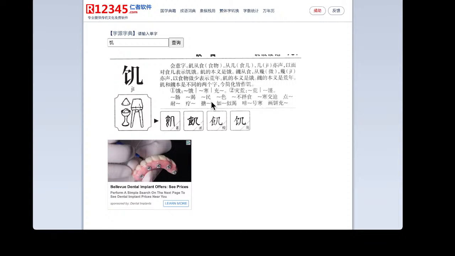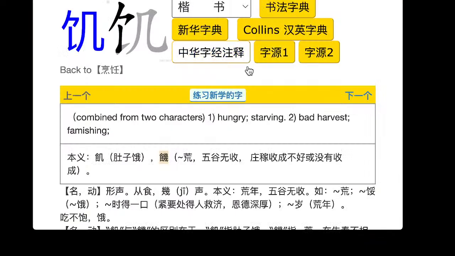So this is for hungry. It did not tell me why they built it that way. Sorry.